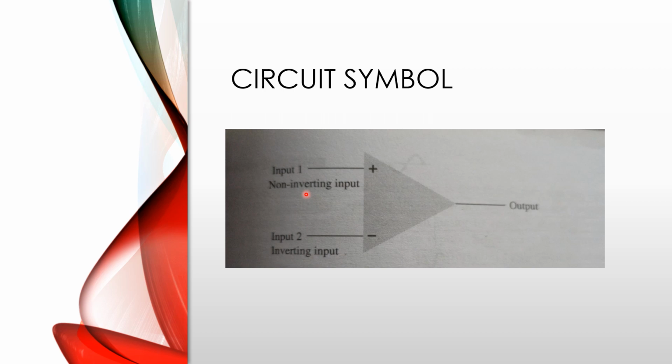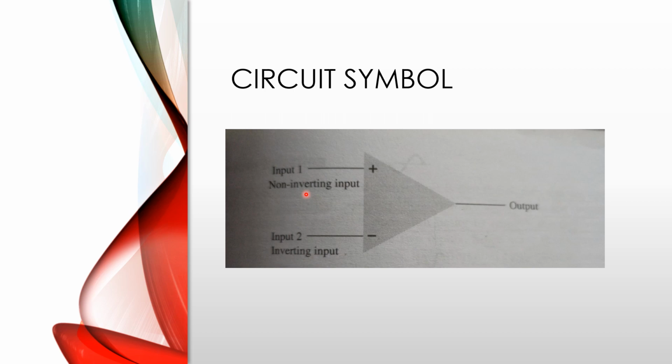So the voltage cannot be changed if we apply the voltage at the input 1 terminal, that is the non-inverting input terminal. The significance of the name non-inverting input terminal is that it does not invert any voltage. If we give positive voltage, we get positive output. If we give negative voltage, we get negative output.